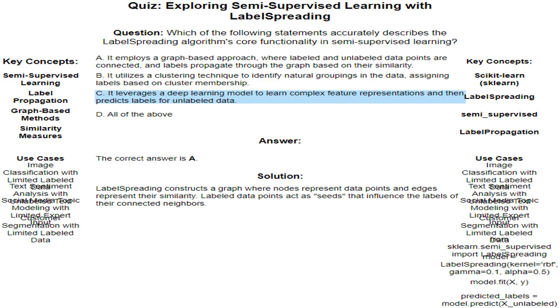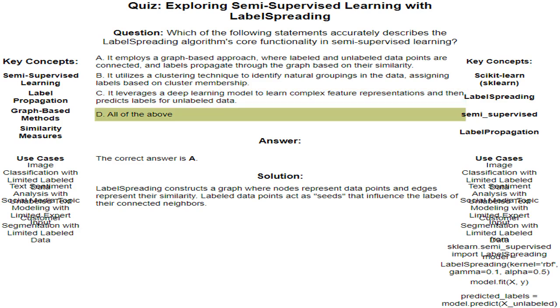It leverages a deep learning model to learn complex feature representations and then predicts labels for unlabeled data. All of the above. It employs a graph-based approach, where labeled and unlabeled data points are connected, and labels propagate through the graph based on their similarity.